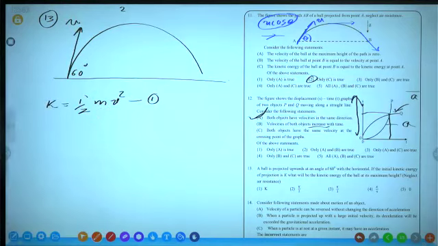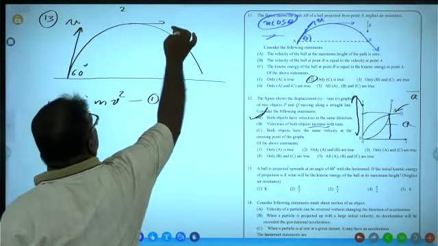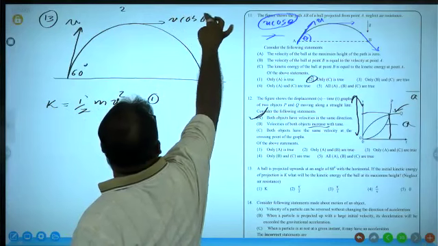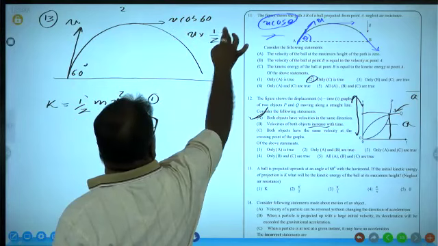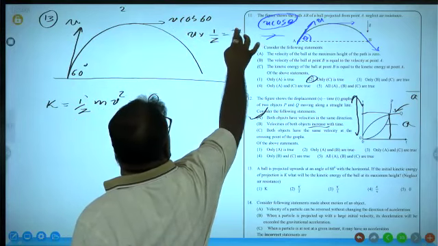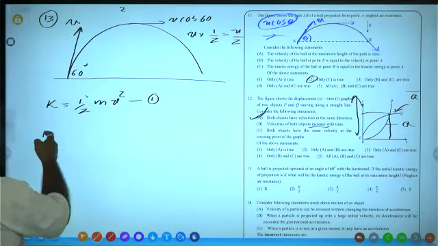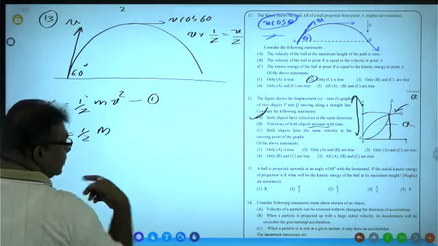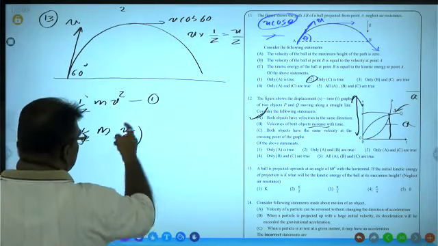Okay, and then at the maximum height, you should know the velocity is u cos 60, which is u by 2. Then the kinetic energy, let it be K dash, can be written as half m times (u by 2) squared at the maximum height.